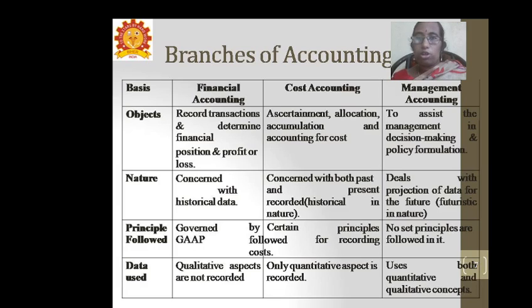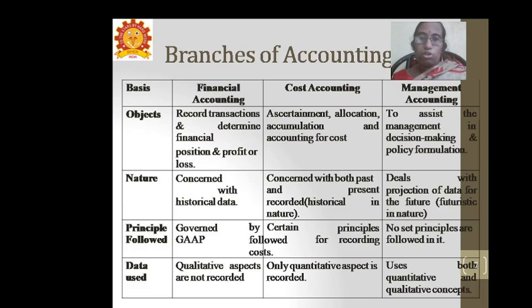So the historical cost, and the various classifications of the cost, are very important, and on the basis of these classifications, the ascertainment has to be made. Similarly, management accounting deals with futuristic projections of the data, and here we also have budgeting for business purposes.